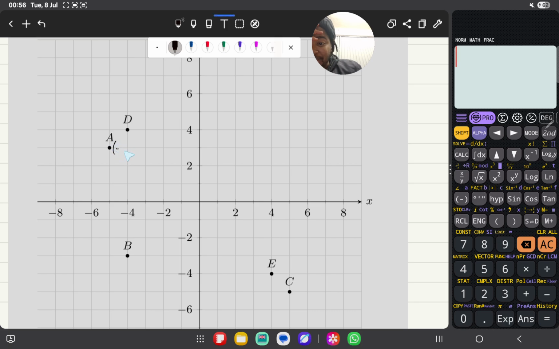And the corresponding y value is 1, 2, 3. So A is (-5, 3).